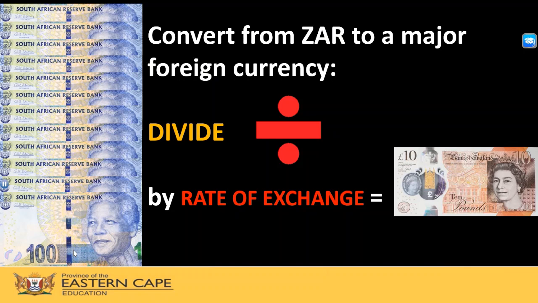Converting from South African rand to a major foreign currency, you will divide the amount of South African rand you have by the rate of exchange that appears in the question paper for the specific currency that you are required to convert rand into.